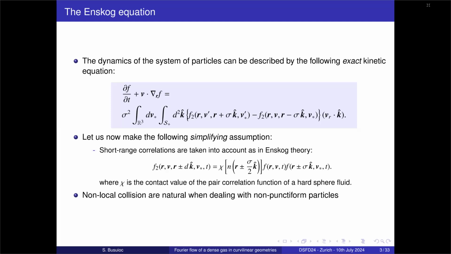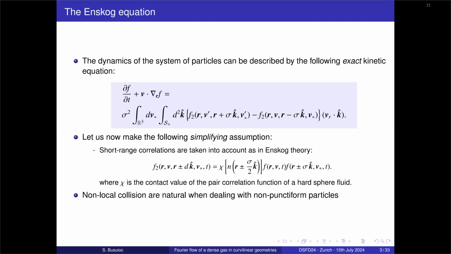The right hand side will involve the two particle distribution functions, and then as Boltzmann did with his molecular chaos ansatz, Enskog took the same approach and said that for the short range correlations, the two particle distribution function, you can write it as a product of two one particle distribution functions, but then you also have another factor which comes from the fact that you play with hard spheres, so your particles are not point particles, they have some spatial extent.